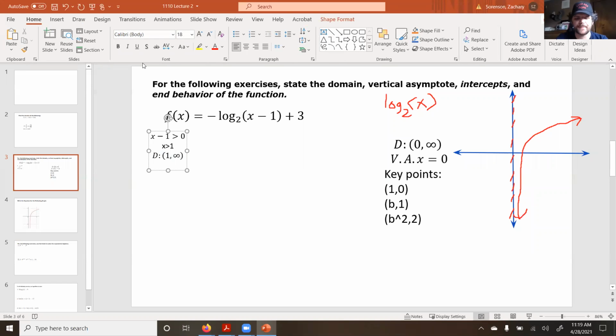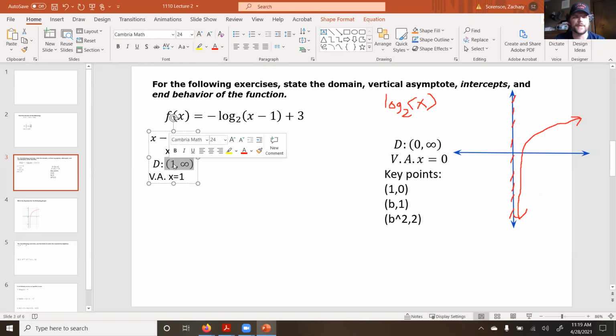Okay, what's my vertical asymptote? X equals 1. Perfect. And that should be very little work. I would argue domain can be a little bit tricky because it's a bit of a process. But for my vertical asymptote, I just look at my domain, boom, 1, call it a day.